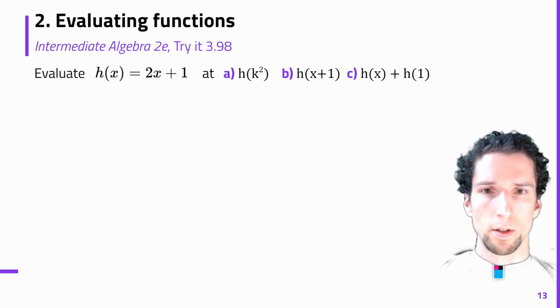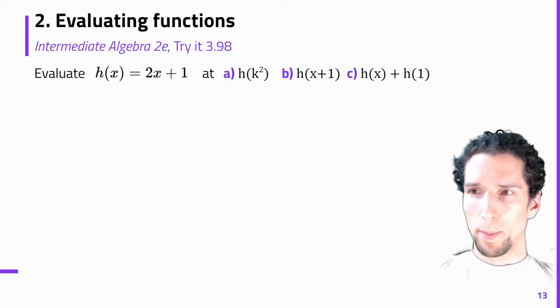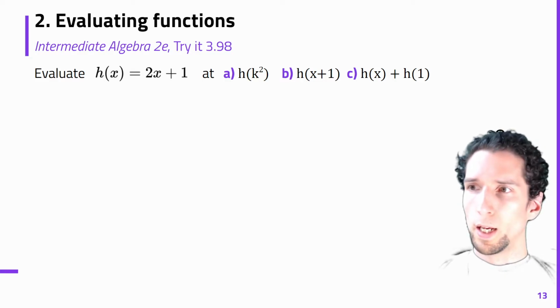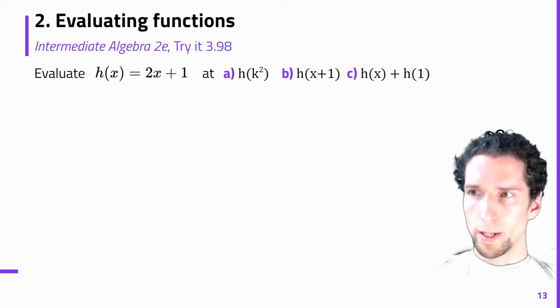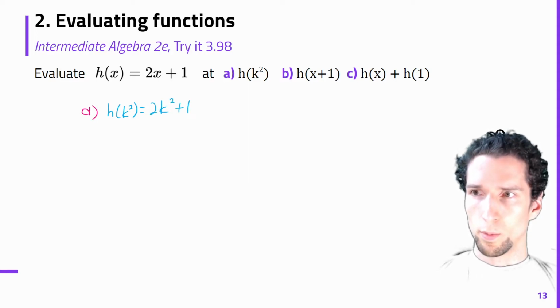All right, so we're back. Right, so our answers here for part A, h of k squared is just 2k squared plus 1.